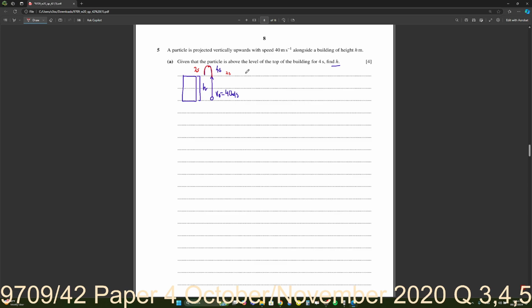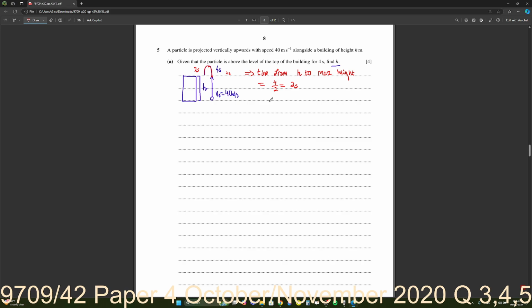So on the side, we could say the time from h to max height is equal to 4 over 2, which is 2 seconds. So we know that it took 2 seconds to go from h to the maximum height.